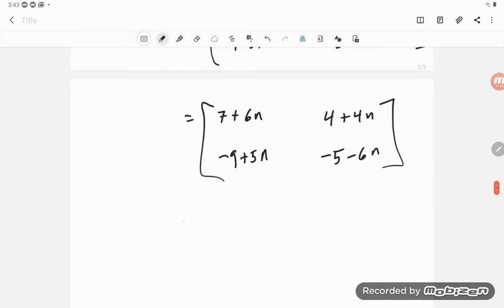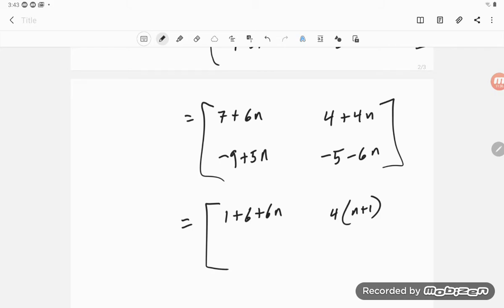Okay, well, so 7 I could write as 1 plus 6 plus 6n. 4, I can just tell you that's 4 times n plus 1, 1 plus n, and I just switched the n and the 1.